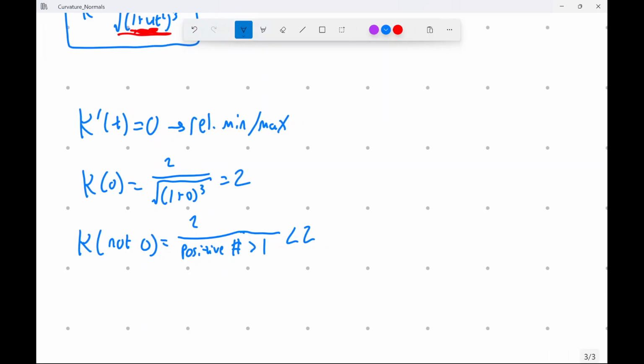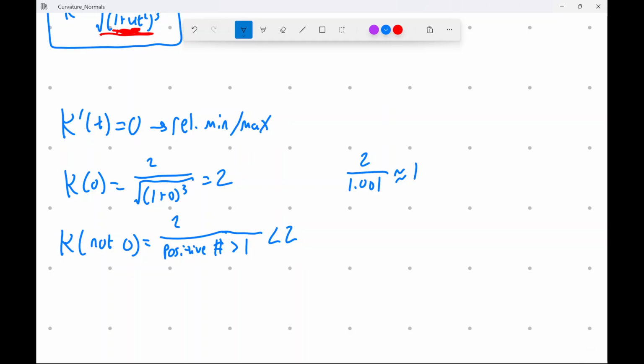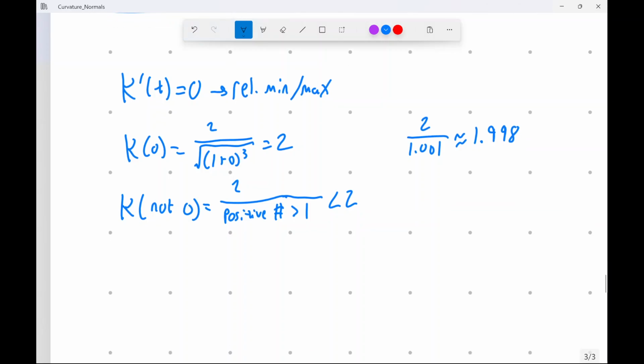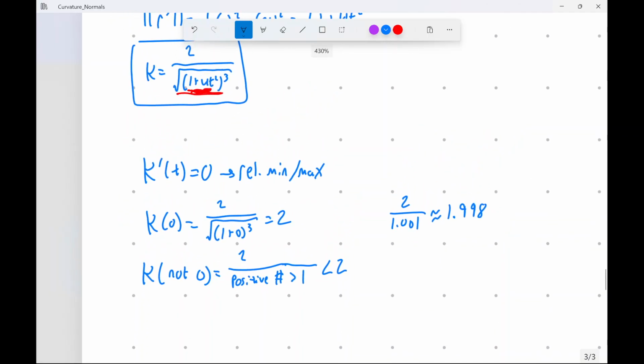Let's say I have 2 divided by 1.001. That's going to be like 1.998 or something, just an approximation. So it's always going to be less than 2, and because of that, we know that the maximum occurs at 0.